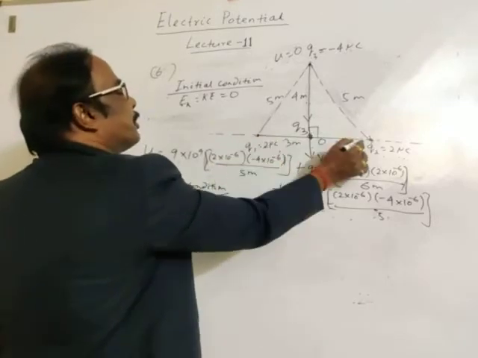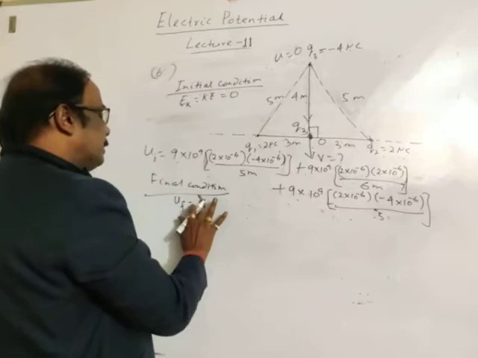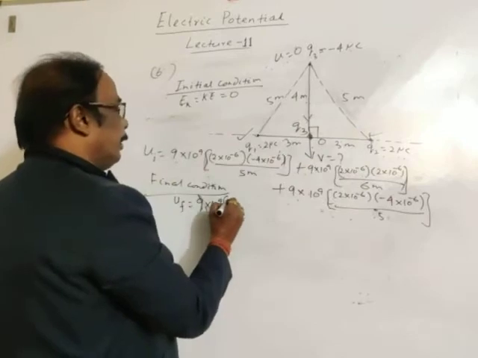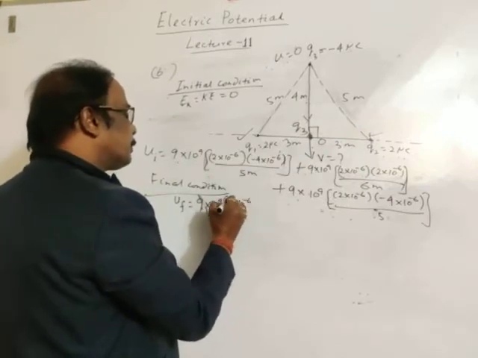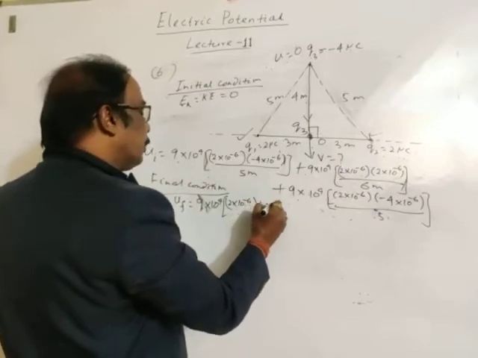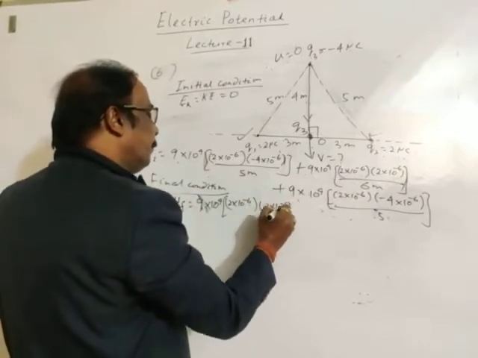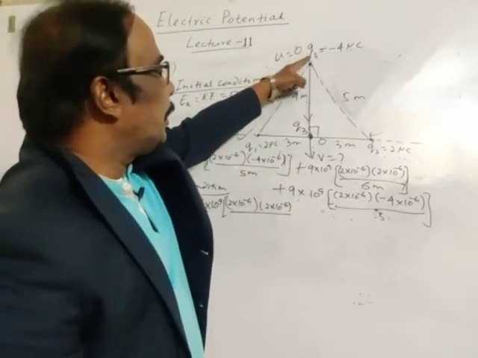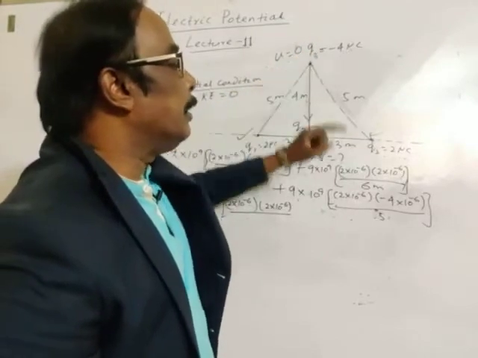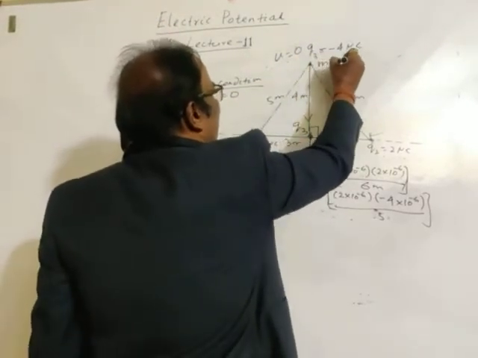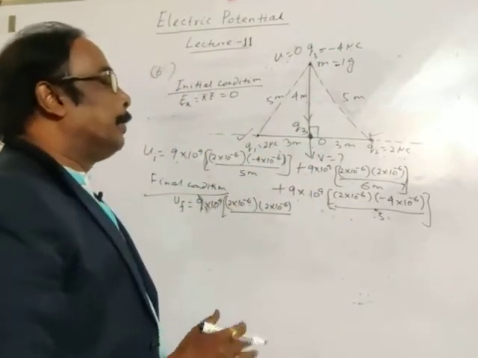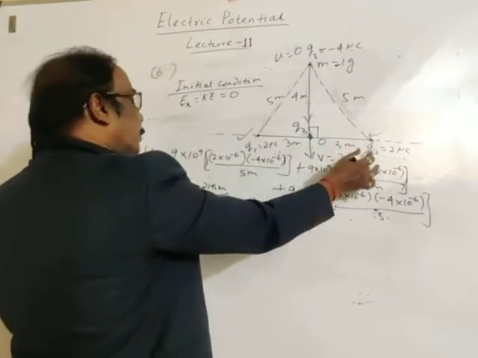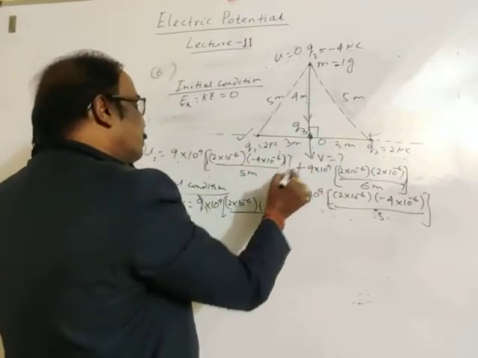Between Q1 and Q2: K, 9 into 10 to the power 9, Q1 is 2 into 10 to the power minus 6 coulomb, Q2 is again 2 into 10 to the power minus 6 coulomb, divided by 6 meter, the distance 3 plus 3. Of course, the mass of charge Q3 should be given. Let the mass be 1 gram. Suppose we have taken the mass as 1 gram.